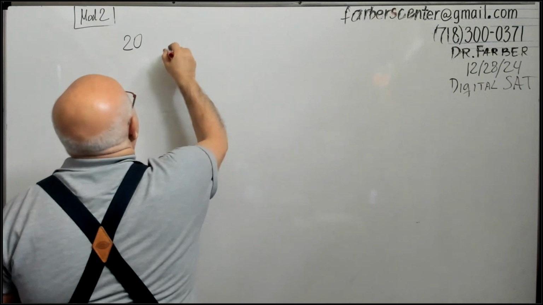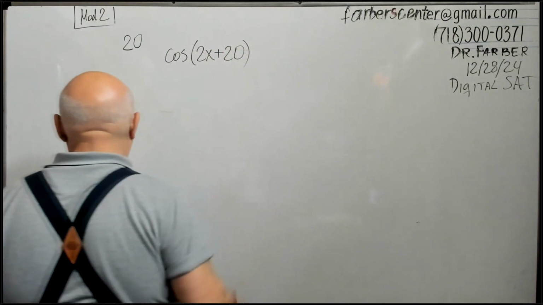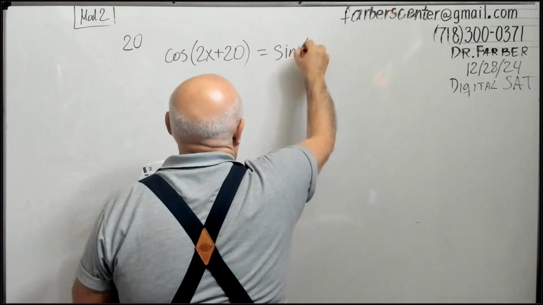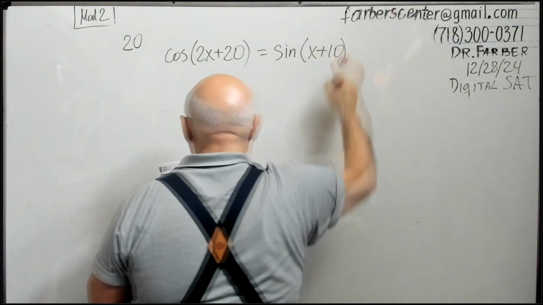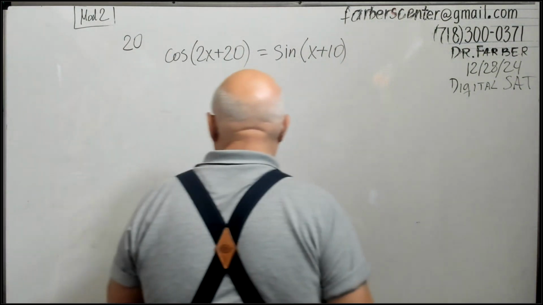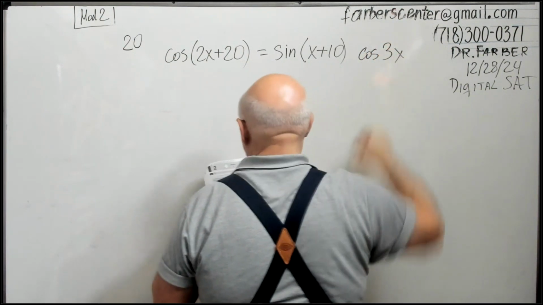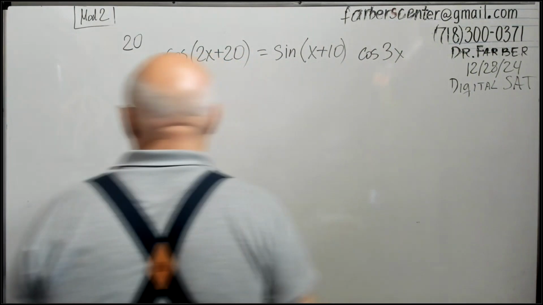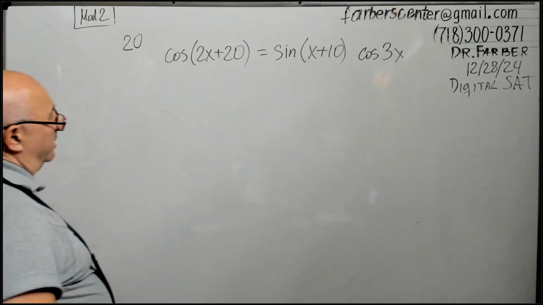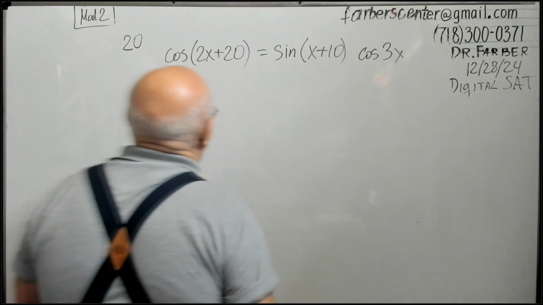They said the cosine of 2x plus 20 equals sine x plus 10. What is the value of cosine of 3x? So if cosine equals sine, they are cofunctions, their total equals 90 degrees.